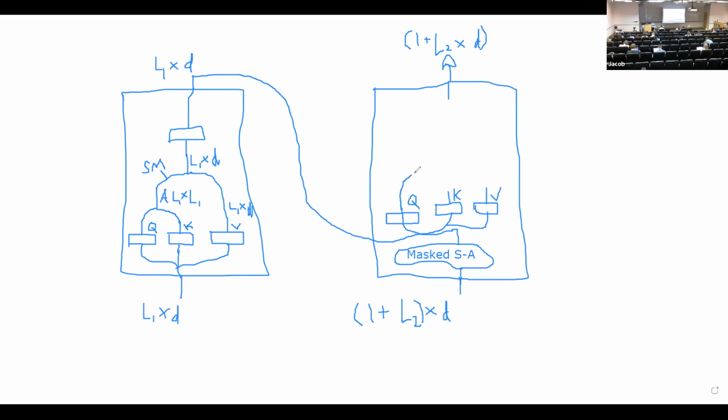So the first question is, what is the shape of Q? 1 plus L2 by D. And what is the shape of K? L1 by D, exactly. And so what will be the shape of our attention matrix in this case?